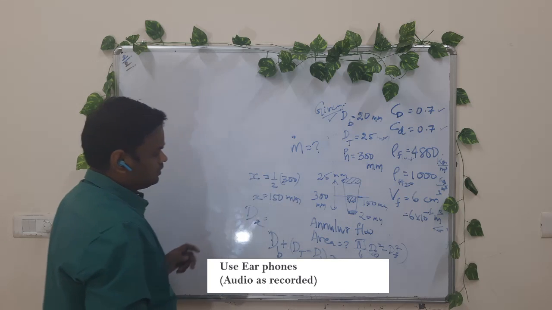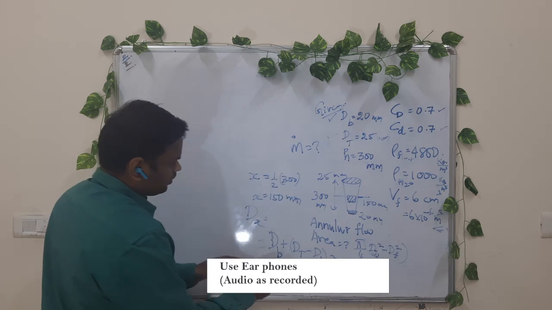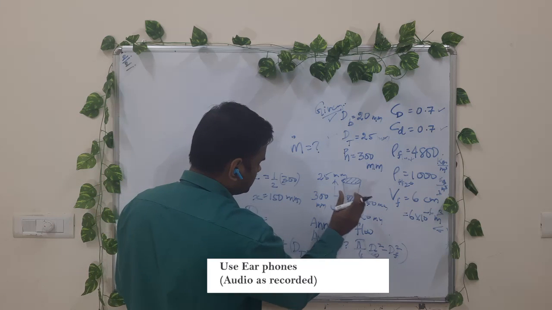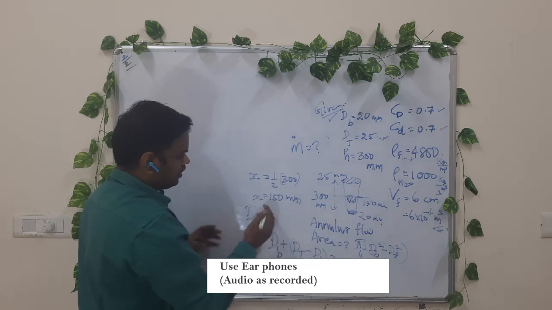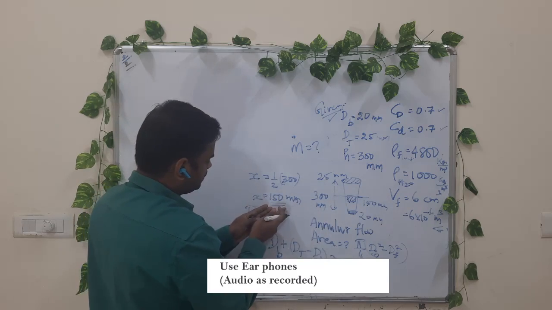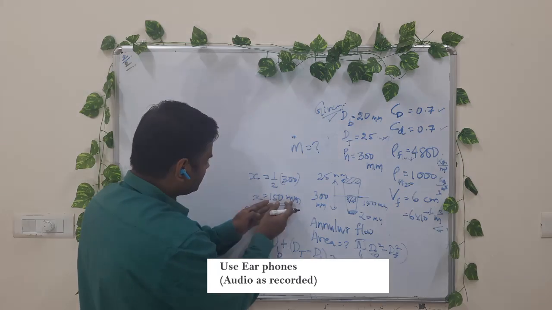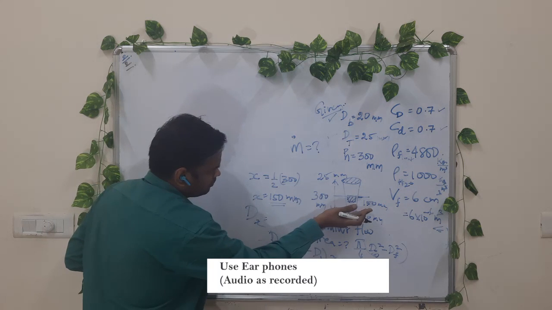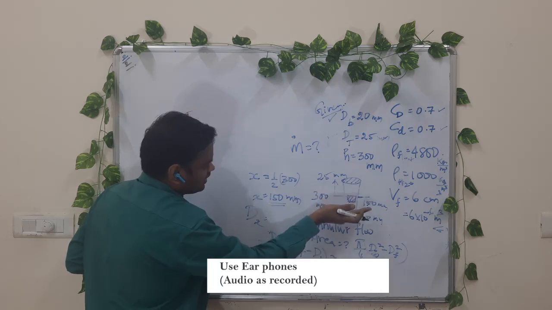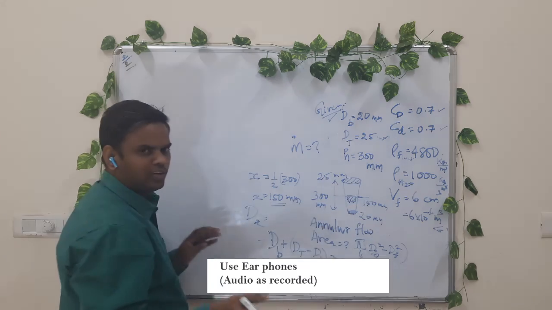So we can calculate the diameter at this distance x. It is halfway, so x is 150 mm. What is the diameter at this point? It should be between 20 and 25. Easily I can say the middle is going to be 22.5.